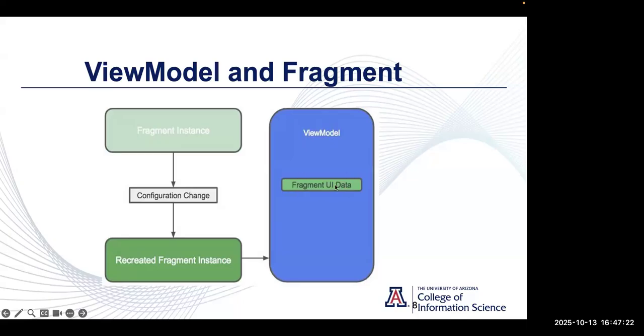So the view model is actually the one pulling out the UI data that you were editing when you were entering the data. And remember, this view model holds your actual data, so it doesn't go away. The view model is going to hold the list of the data for your model, and the view model is also in charge of displaying it for the fragment UI data.